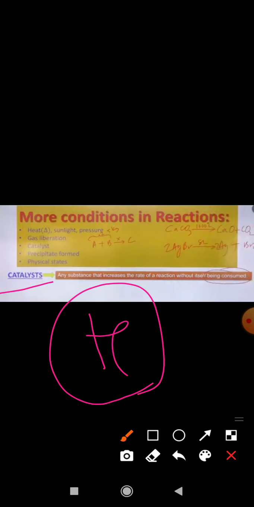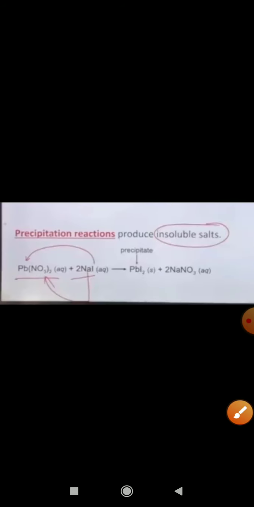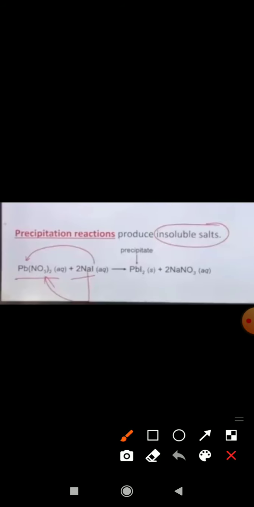Did you understand the topic of catalyst? I hope so. Let's move ahead. What is a precipitation reaction? Here a precipitate is formed. To form a precipitate, we need a precipitation reaction, which produces insoluble salts.